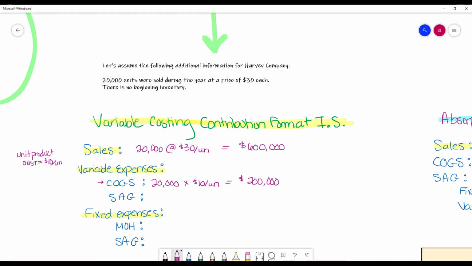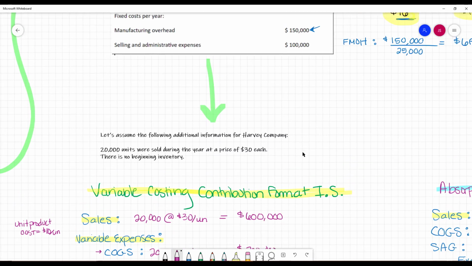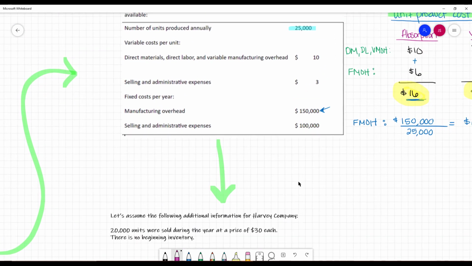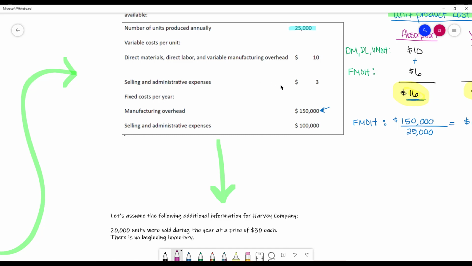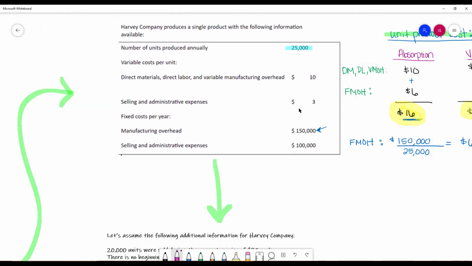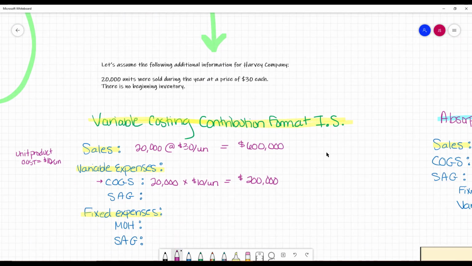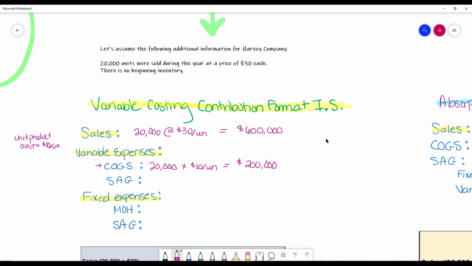The variable selling and administrative expenses, let's just go back up to the top here to see the variable selling and administrative expenses. That is $3 per unit sold. So we're going to go down here and find the variable SG&A expenses.